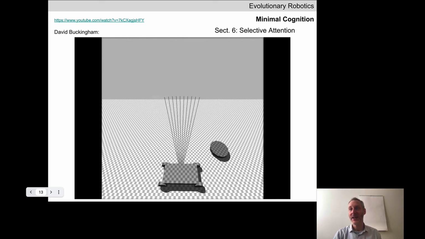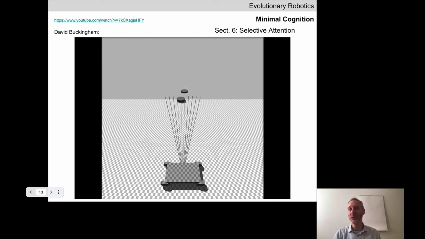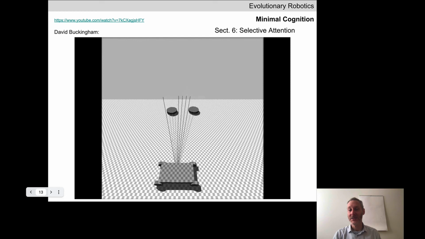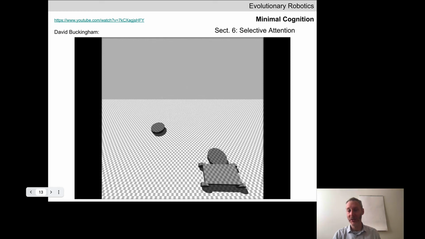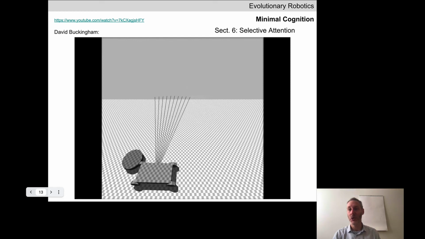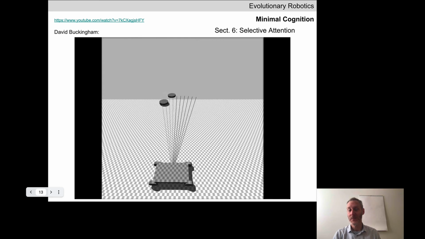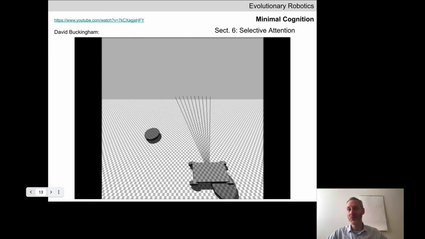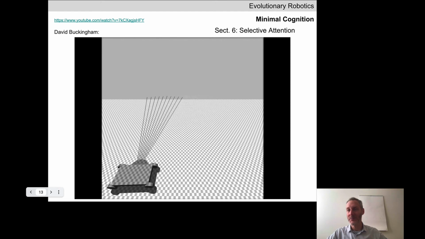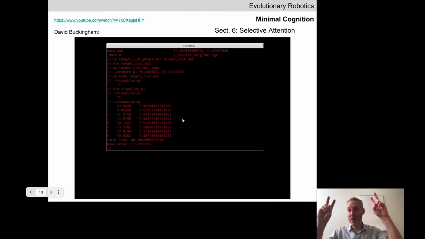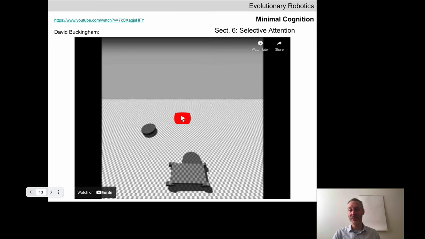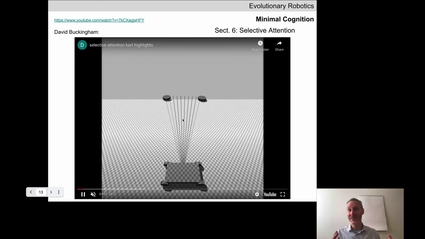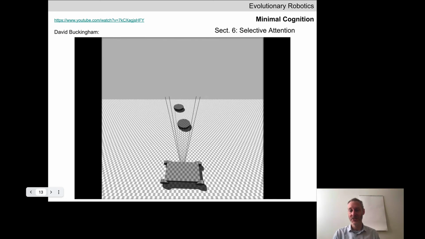Alex says the second object exits the field of view of the agent. Exactly. So you'll notice as you watch this video, there are certain points of time in which the robot can see both objects and presumably compare their velocities. There's other times when it can only see one object and it has to remember. So memory is another building block of intelligence that's contained within selective attention.